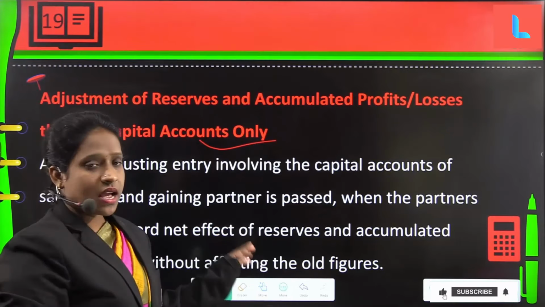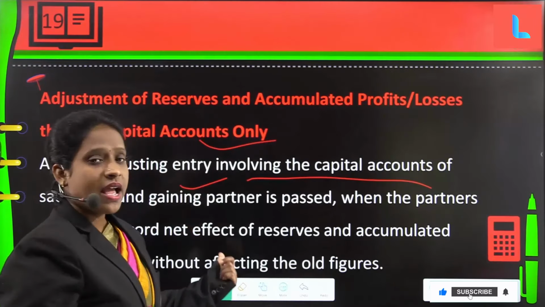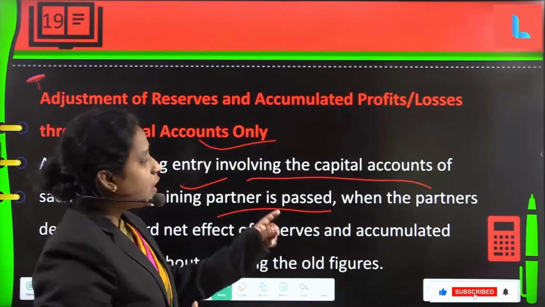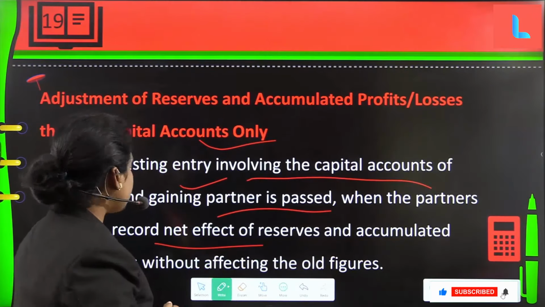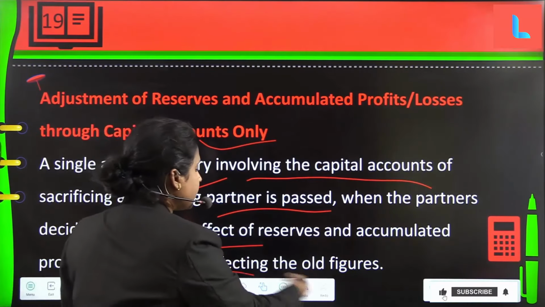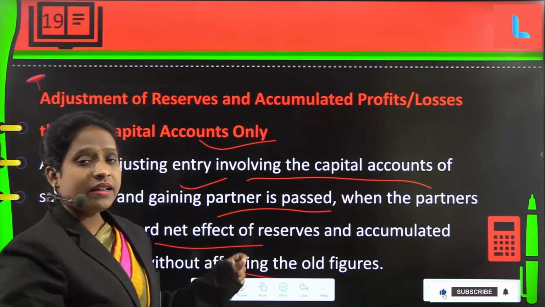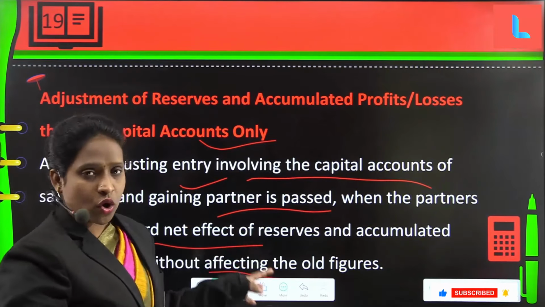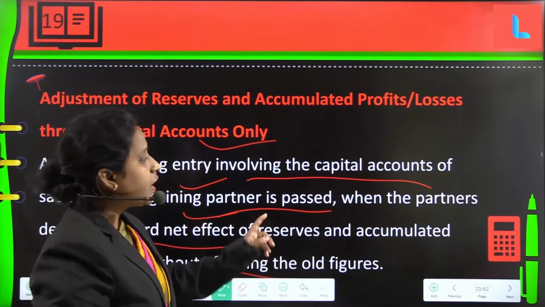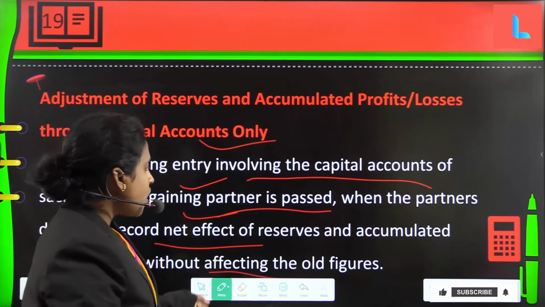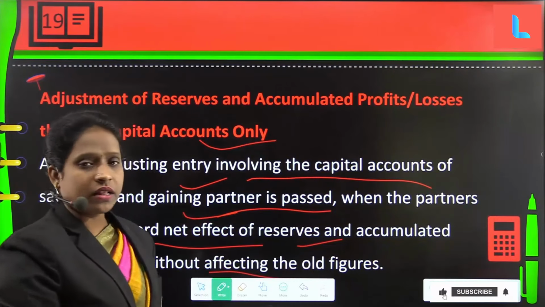Here a single adjusting entry involving the capital accounts of sacrificing and gaining partners is passed when the partners decide to record the net effect of reserves and accumulated profits or losses without affecting the old figures.